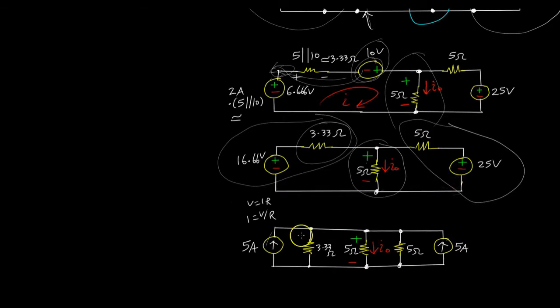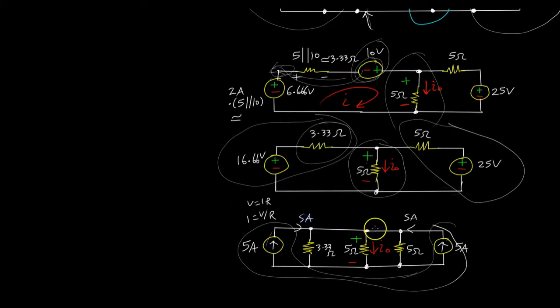And now we can essentially combine these two current sources, because all they're doing in how they're affecting the circuit is pushing 5 amps from both directions, and that current is going to split in some fashion between all of these resistors.